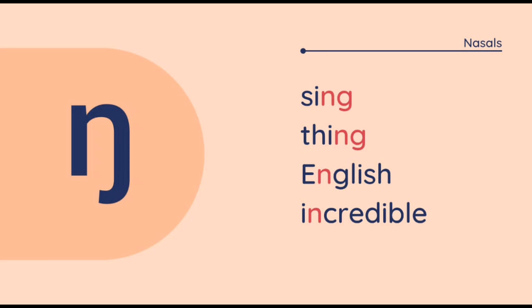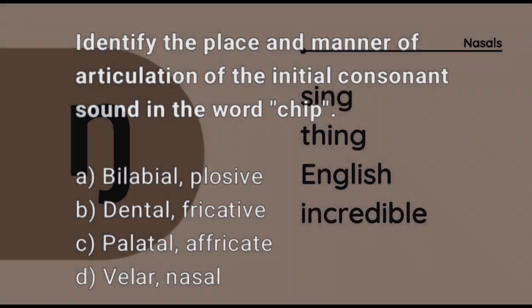However, the velar sound is pronounced somewhere at the back of the mouth with the velum lowering down to block the flow of air, and then the air is redirected through the nostrils. So the examples once again are sing, thing, English, and incredible.